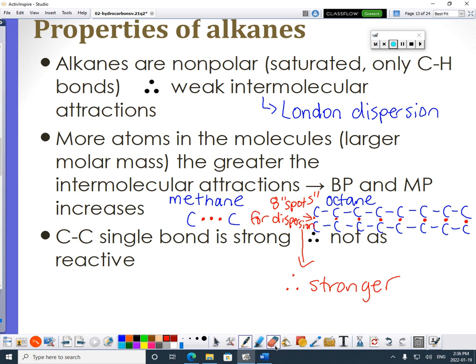We can even just change this to 1 spot. We'll keep our diagram as simple as it possibly can be. So methane that comes out of our gas taps is a gas. It is not a liquid. And then we've already talked about this a few times. The single bond is not as strong, so it's not as reactive.